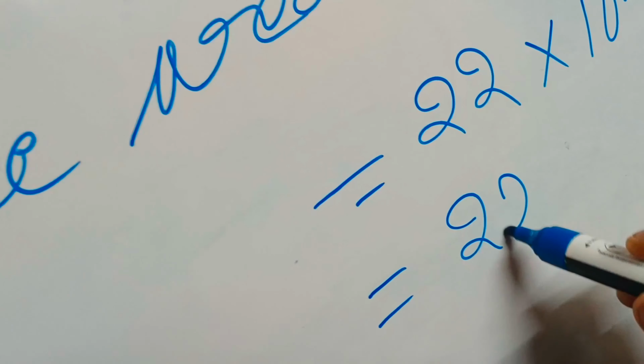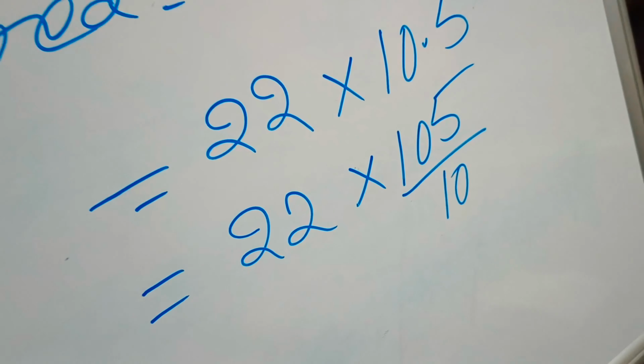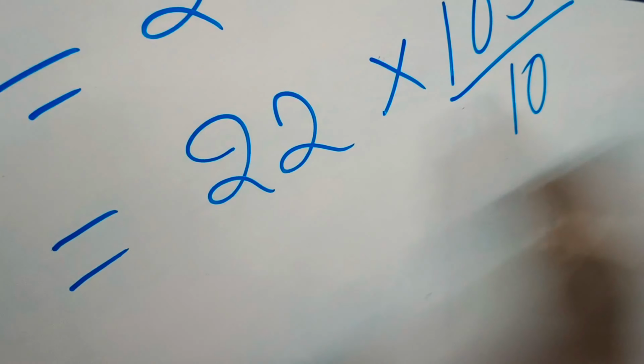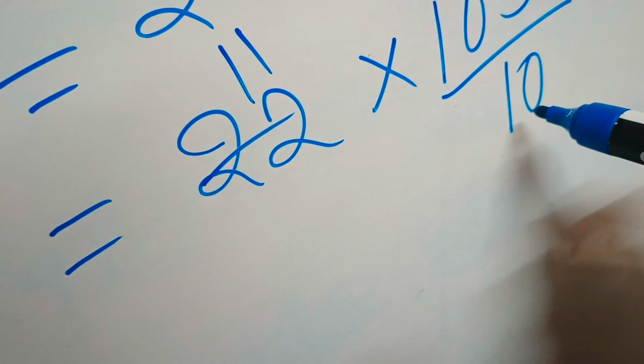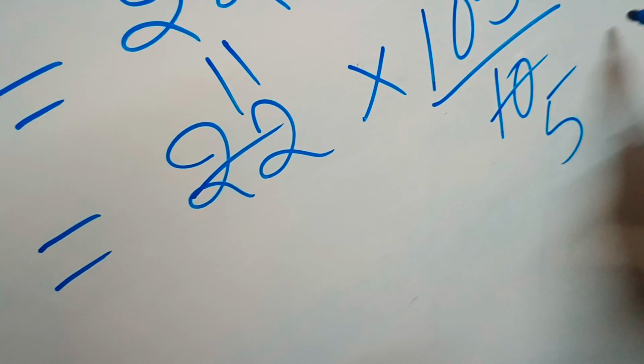We can remove the decimal form, then we get 105 by 10. Here is 22 and 10. 2 is cancelled. 22, 11 times; 10, 5 times.